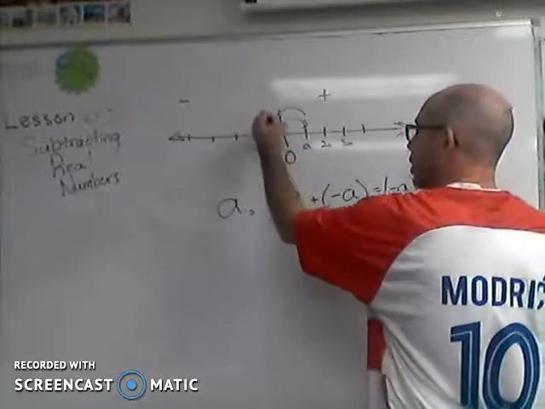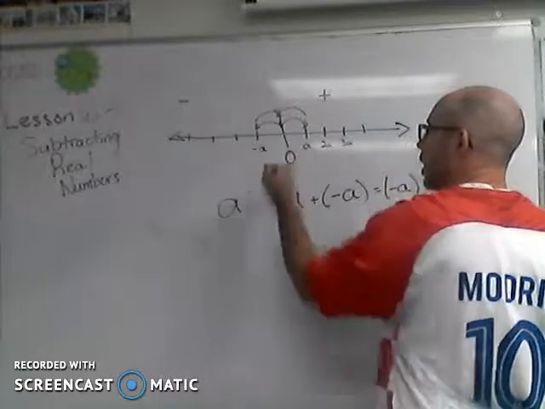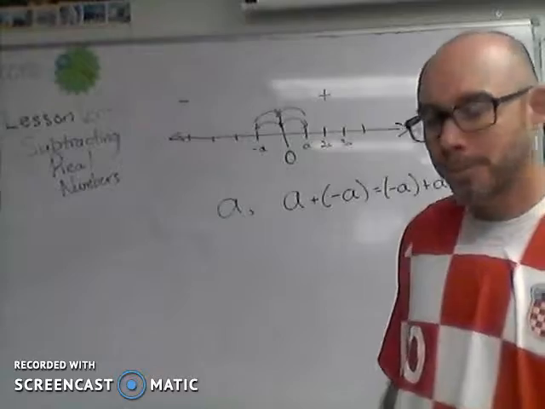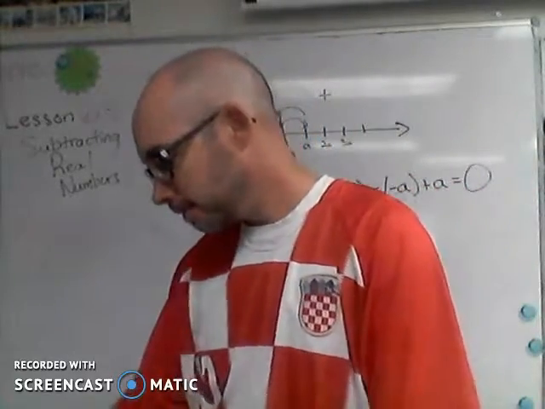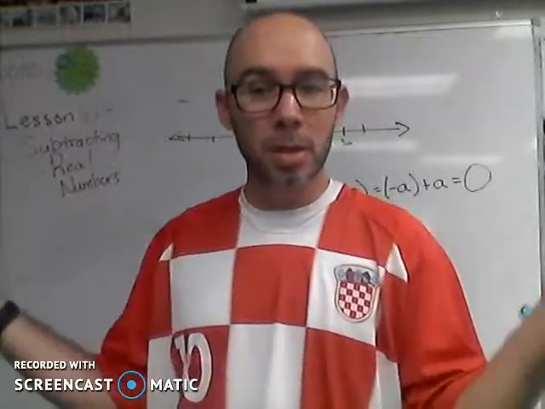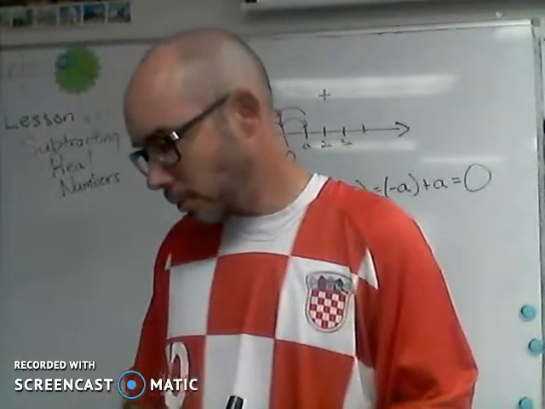Or if we went this way first in negative A steps and then back A steps, we get back to 0. That's all that's saying. If we start with a number and combine it with its opposite, they cancel each other out and we get back to 0.